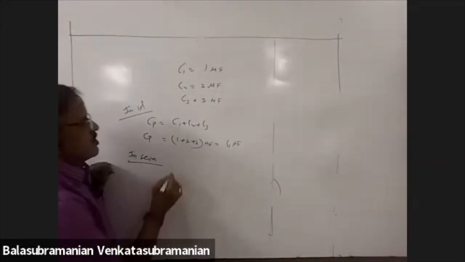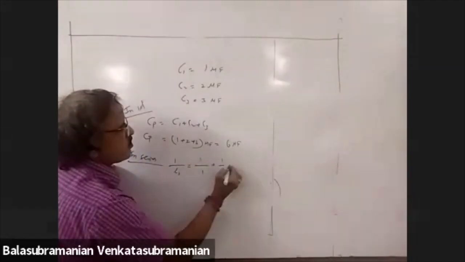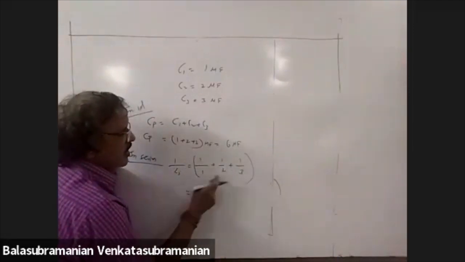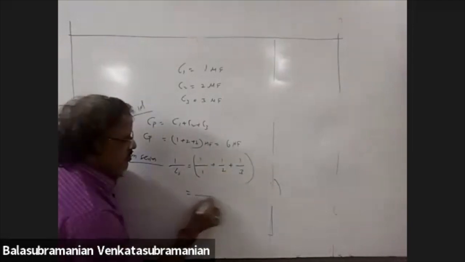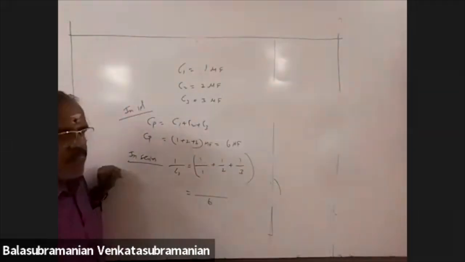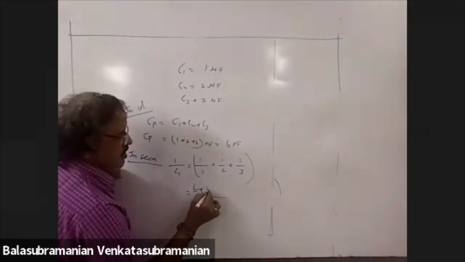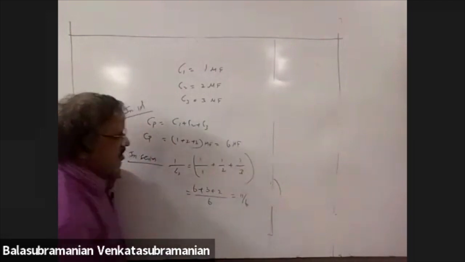In series, 1 by Cs is equal to 1 by 1 plus 1 by 2 plus 1 by 3. For 1, 2, 3, common value, LCM, is 6. So 6 plus 3 plus 2, 11 by 6.